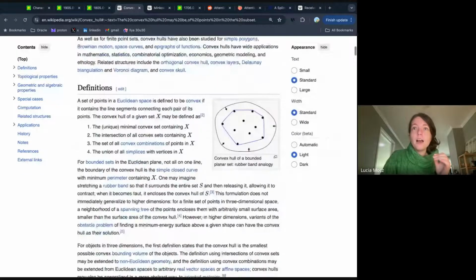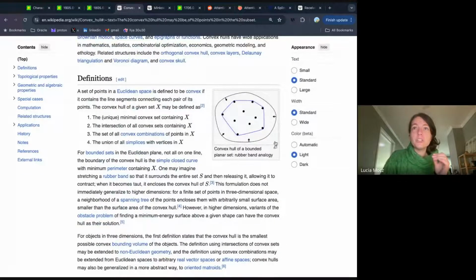A good 2-dimensional depiction is over here in this image. If we're thinking about these points as endpoints of vectors inside of a vector space, then the convex hull is really going to be exactly what this blue area is.